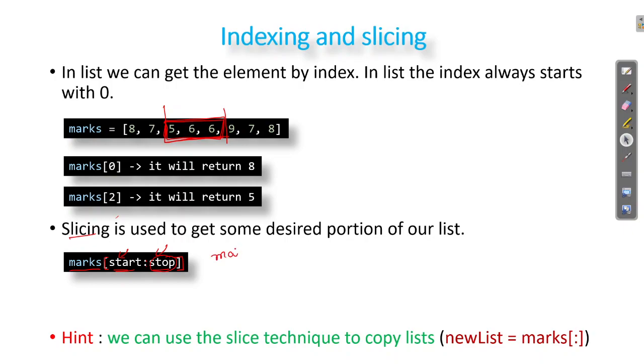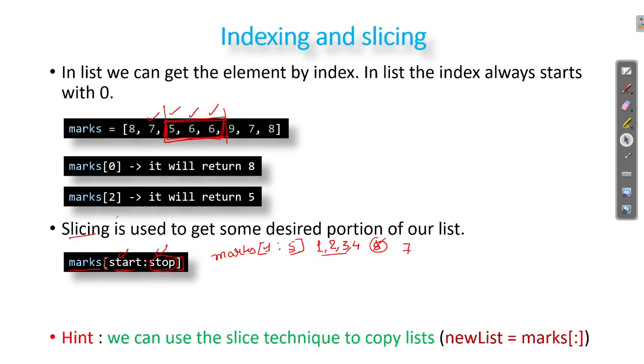So if you are doing something like marks, suppose 1 to 5, what indexes will it take? It will include this one, so it will take 1, 2, 3 and 4. It will not take 5, because that index is excluded. So if you write 1 colon 5, you are going to get the first index, second index, third index and fourth index.